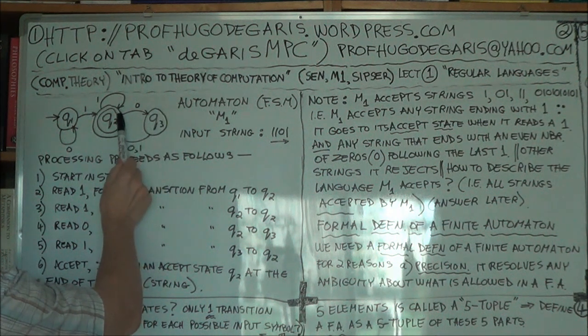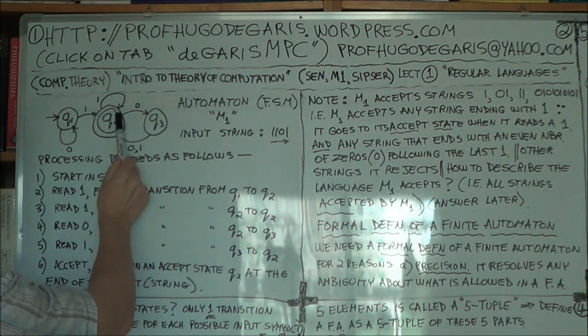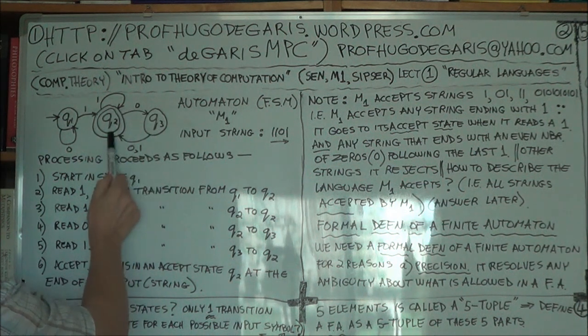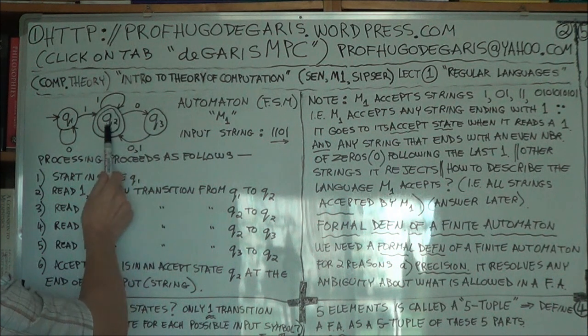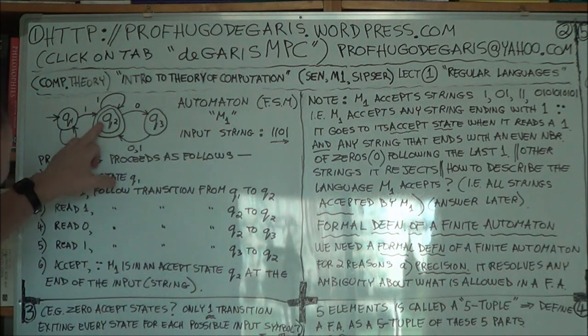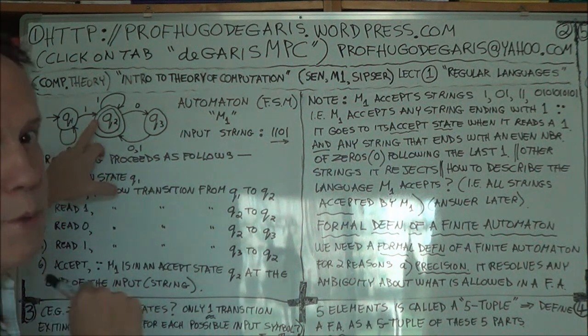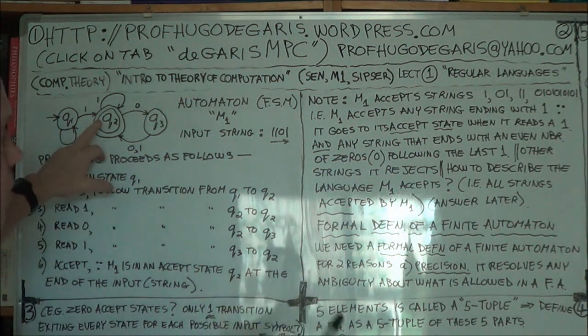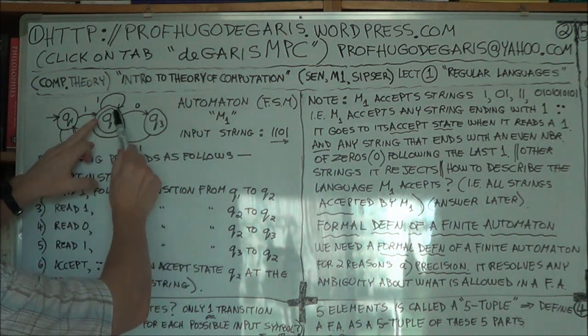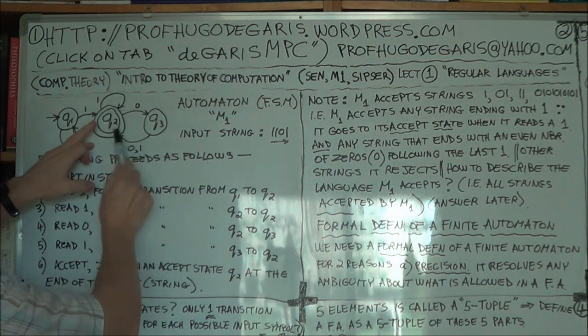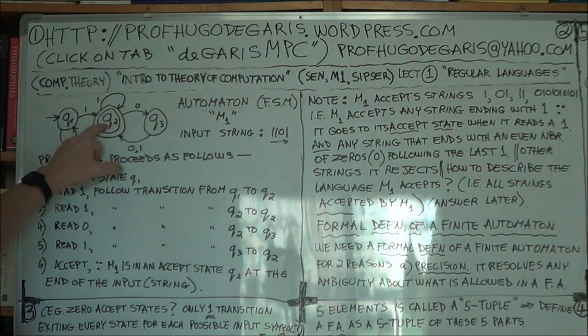So 1, 2, 3, 4, 5, 6, 7, 8. As long as you've got an even number of zeros at the end, you'll end up back in Q2. So imagine you have a string or substring that ends with 1, so you'll be here, and then it's followed by an even number of zeros. Because it's an even number, 1, 2, 1, 2, 1, 2, 1, 2, it'll end up there.